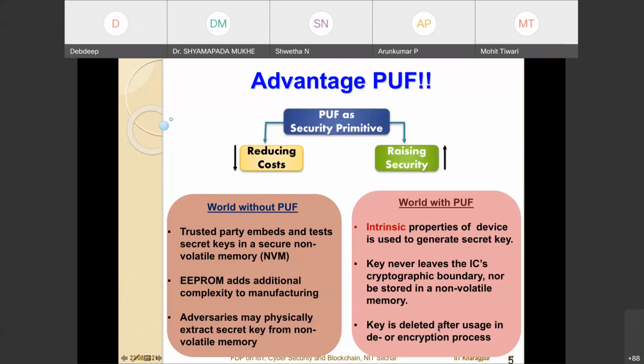But in the world with PUF, the key never leaves the IC's cryptographic boundary. It is not stored in a non-volatile memory. Rather, the entire device starts to operate as the key. The key is deleted. Basically, it's not there. It's not present in any 0-1 string stored in some form of memory.